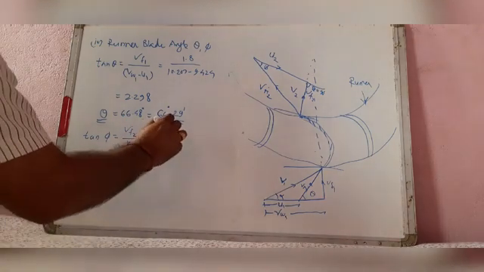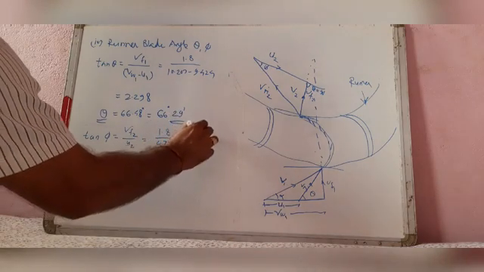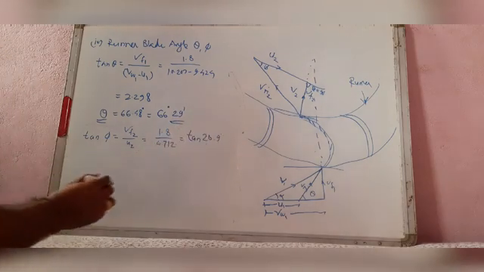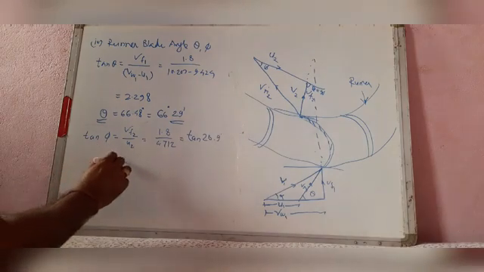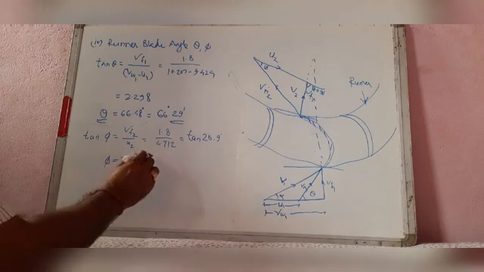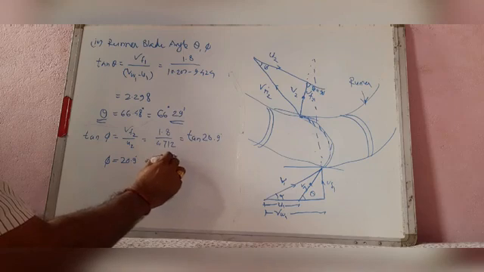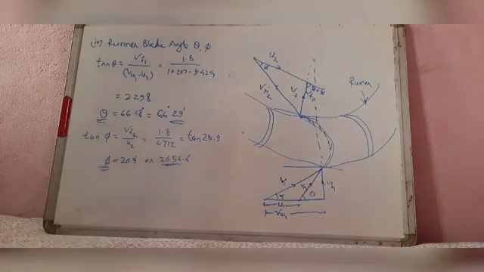That gives 20.9 degree. So phi equal to 20.9 degree, or 20 degree and 54.4 minutes, is the value of phi.